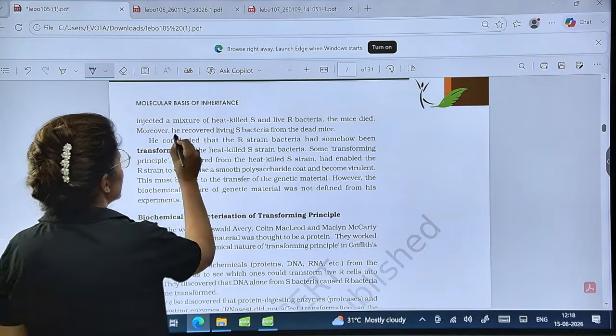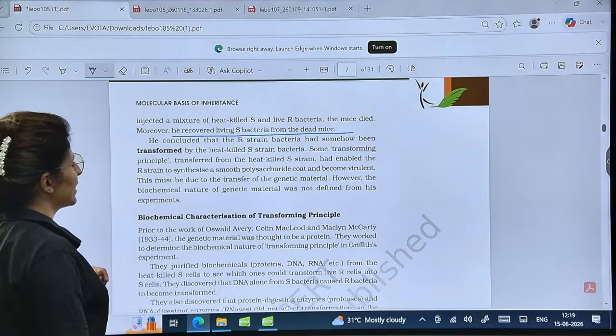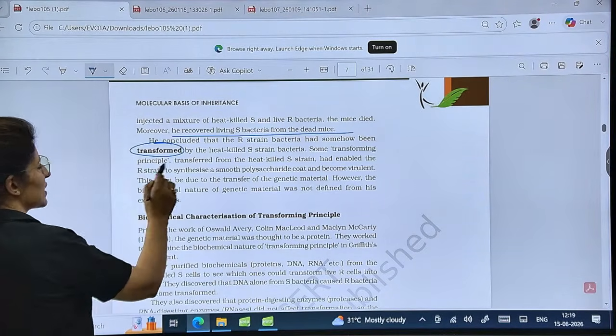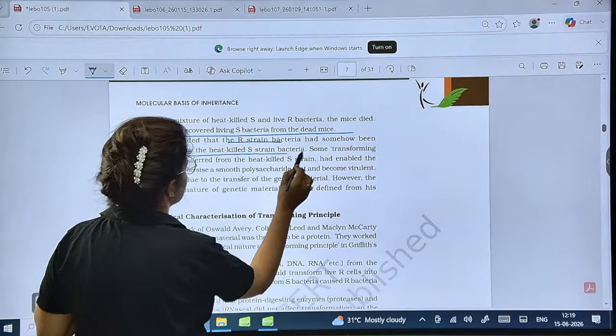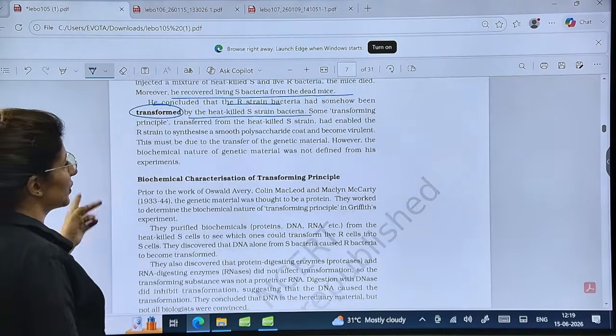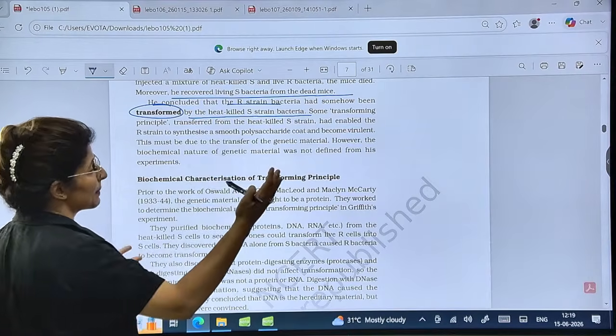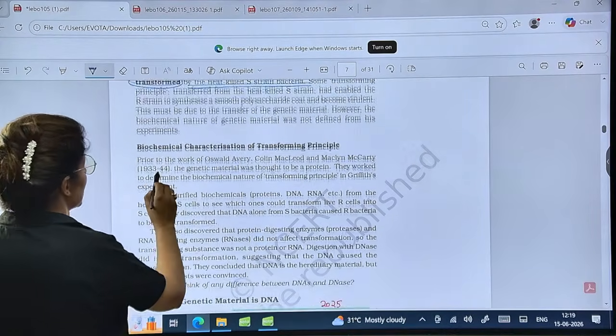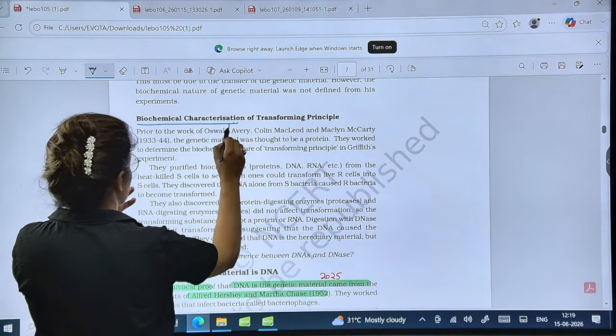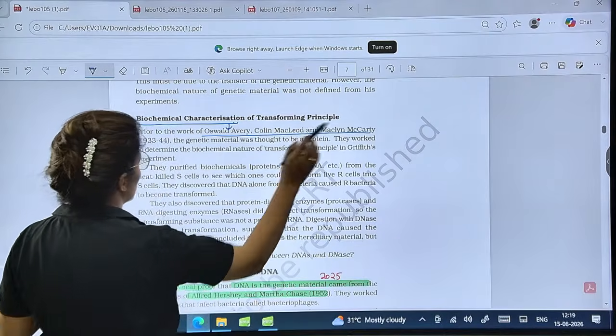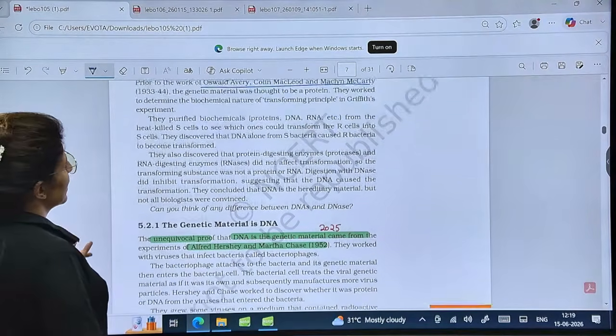So he recovered live S bacteria from the dead mice, and that's how he showed that the R strain had been transformed by the heat-killed S strain. This was known as the transforming principle, but he could not explain the biochemical nature. The biochemical nature was explained by these 3 scientists, Avery, MacLeod and McCarty.